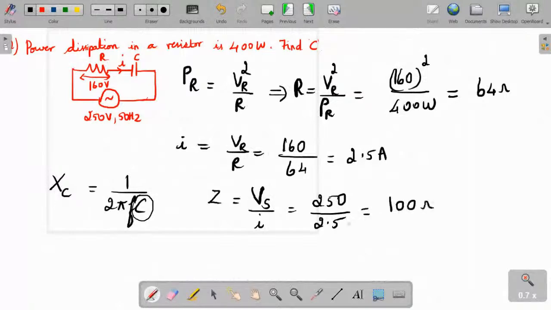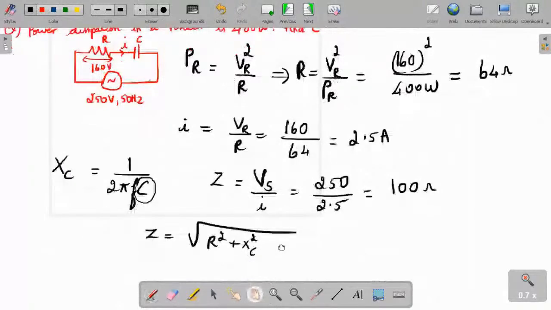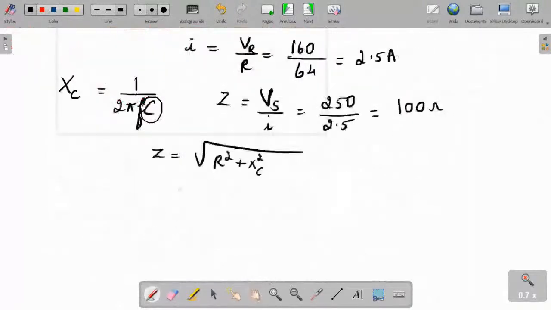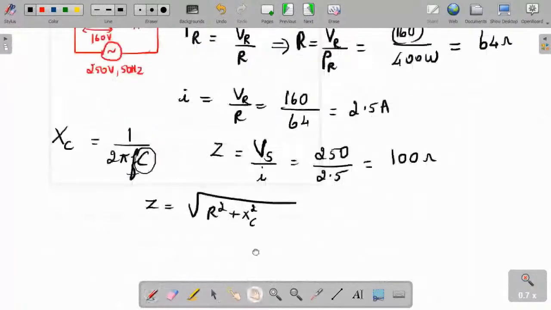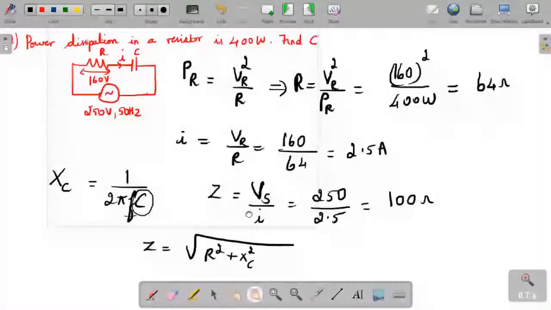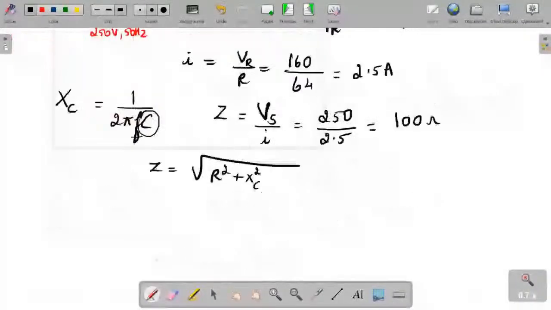Okay, so what is the general formula for Z? Impedance is given by the square root of R square plus XC square, for a series RC circuit. So now we know Z, we know R, and we know the formula for XC. We also know the frequency, since the figure gives 50 Hz. So can we find the capacitance? So Z square becomes R square plus XC square.